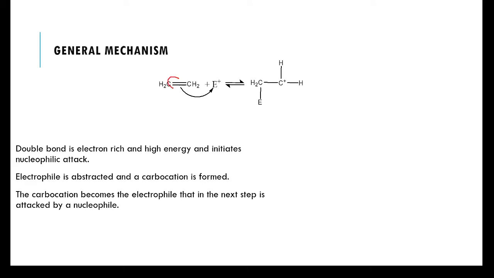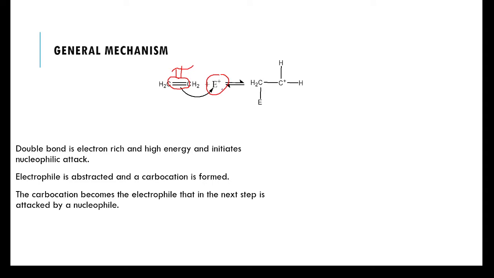So you have an electron-rich pi bond sitting here in your alkene, and it's going to attack an electrophile. An electrophile will have a positive charge, or it'll be missing a lone pair of electrons. Opposite of a nucleophile, an electrophile loves negative things, wants negative things, wants these pi electrons.